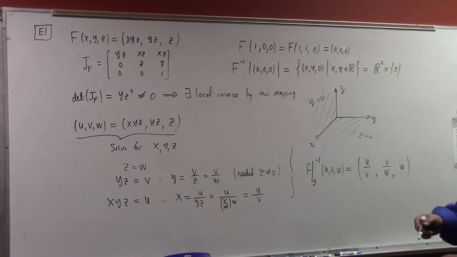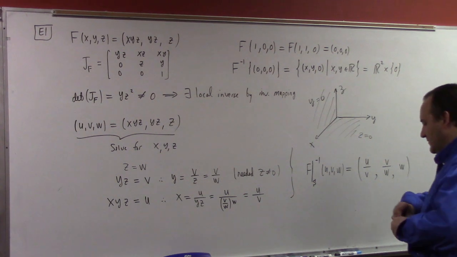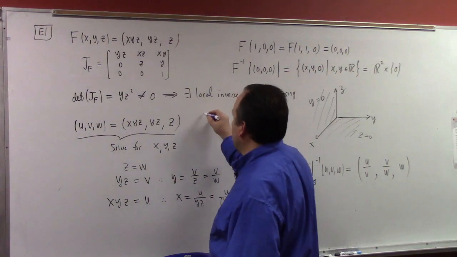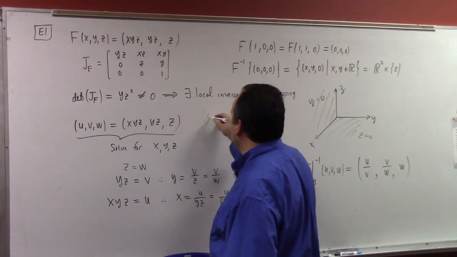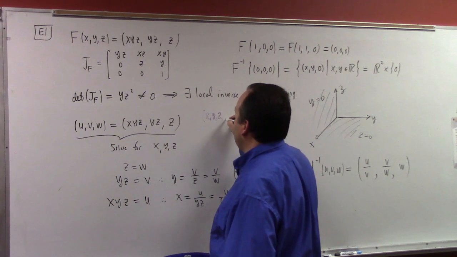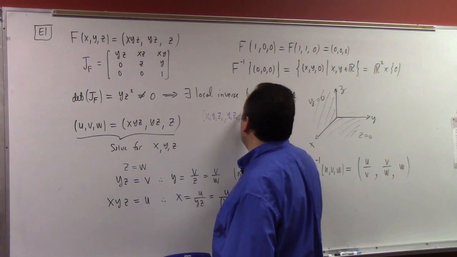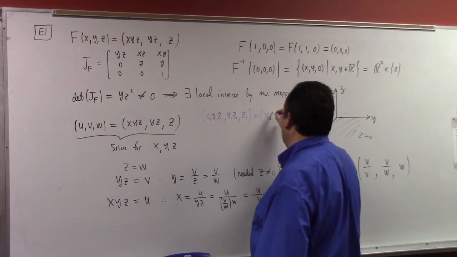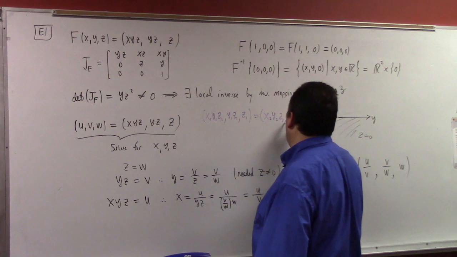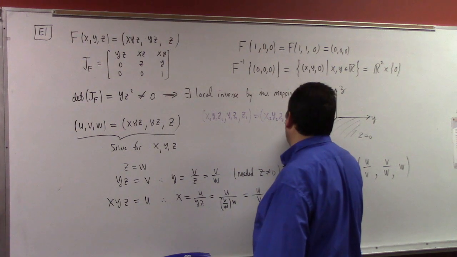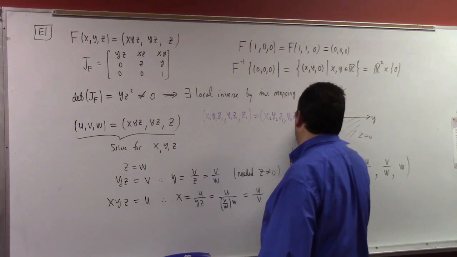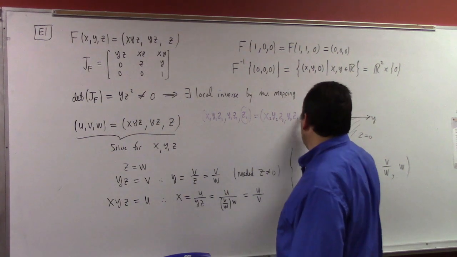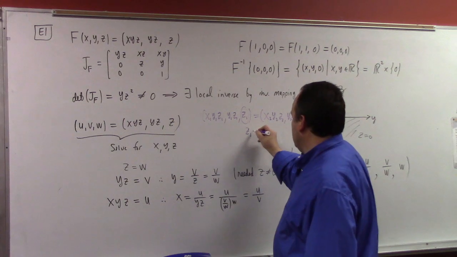Sometimes you can understand the extent of your mapping by studying the injectivity of it. So what happens if we set these equal? We have z1 equals z2, right?